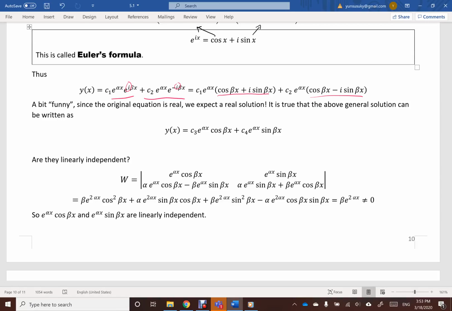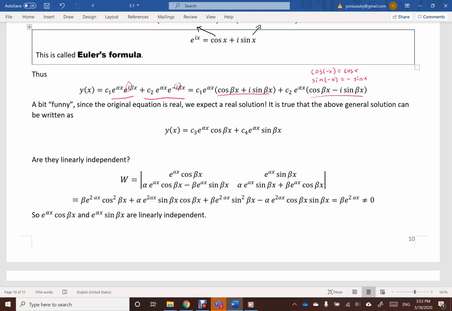And this is negative because sine of negative x is negative sine of x, and cosine of negative x is cosine of x. Okay, let me write it down here. So that's why you can put the negative outside of the sine here.